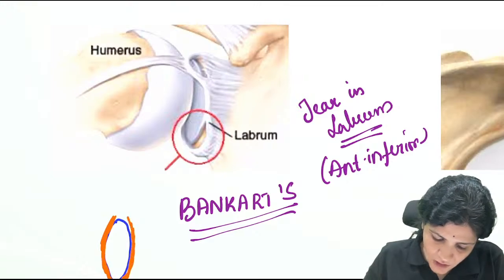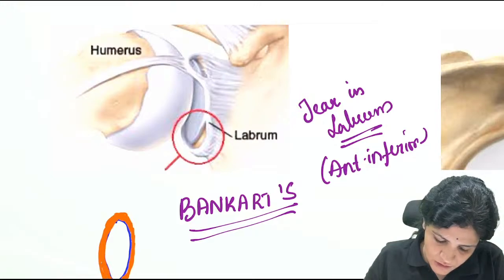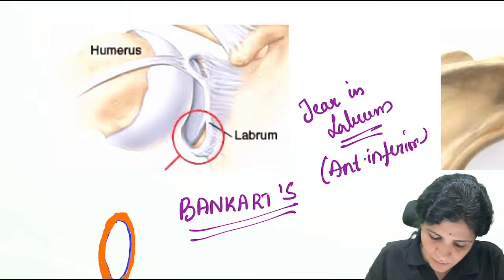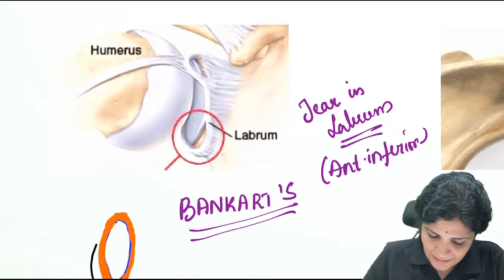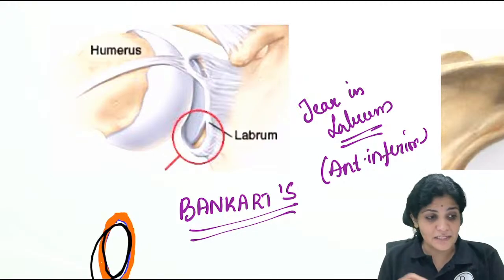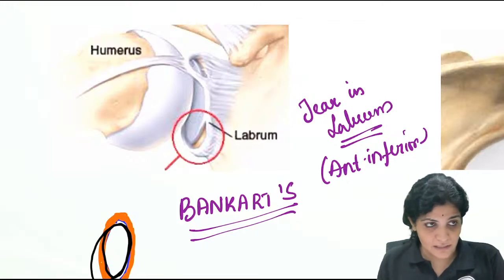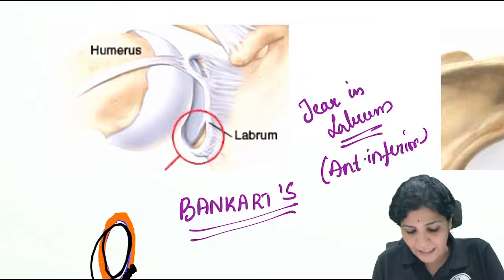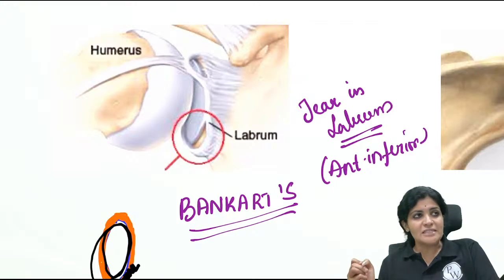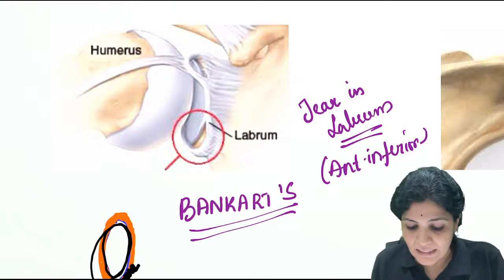This structure is your labrum, the orange structure. The humeral head sits nicely inside it, but with habitual dislocations, it causes a tear in the labrum. This tear in the labrum is called the Bankart lesion.